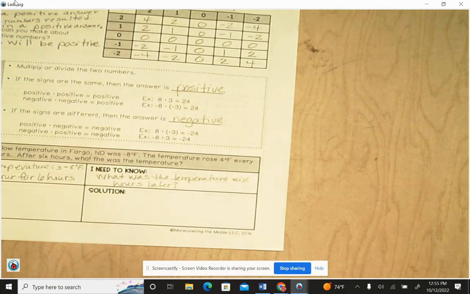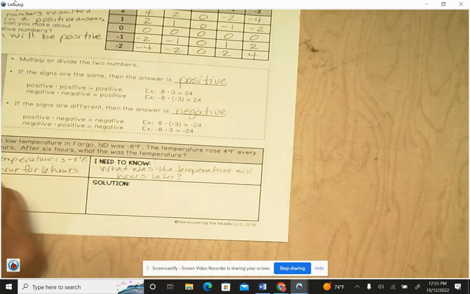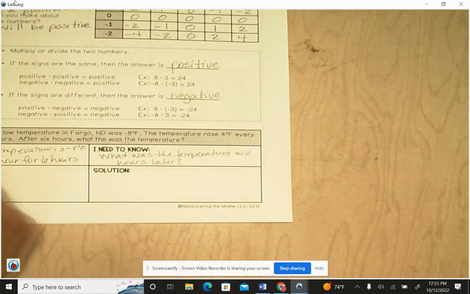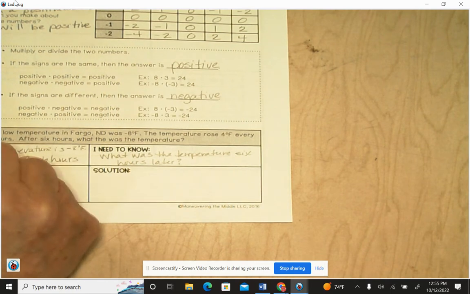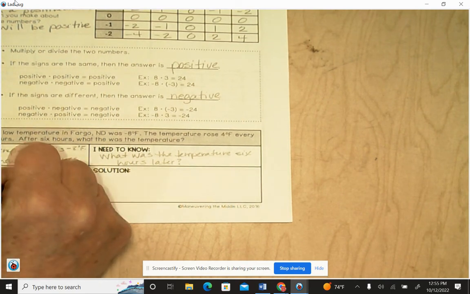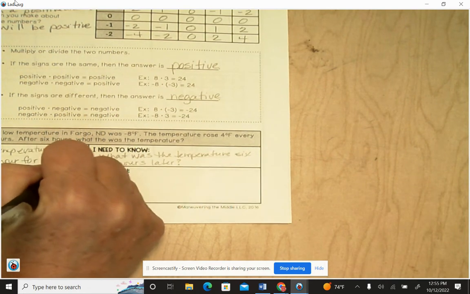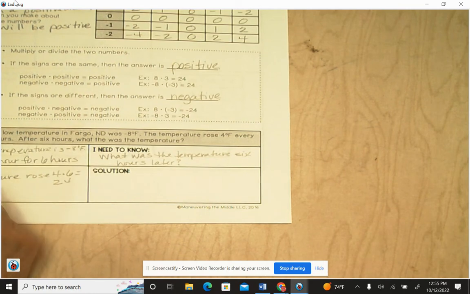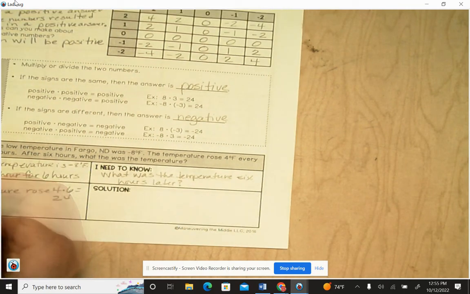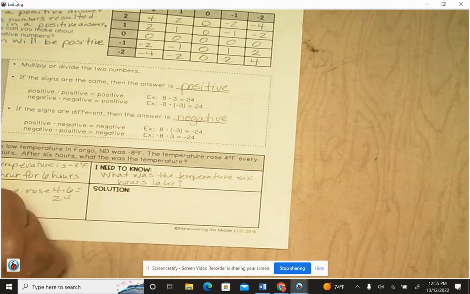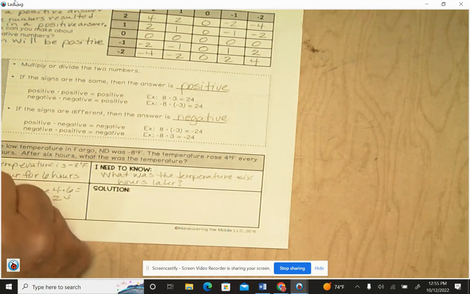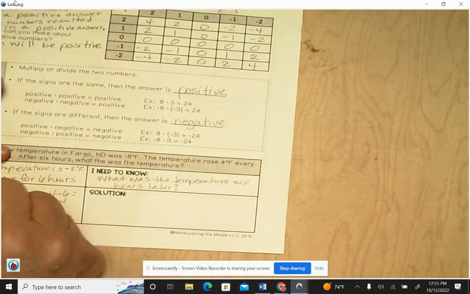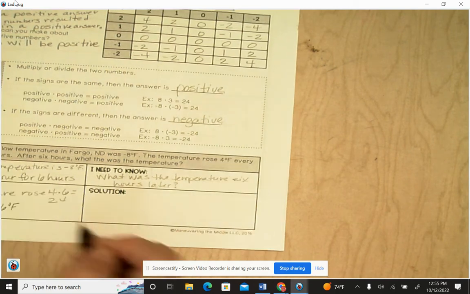All right. The temperature rose 4 degrees every hour for 6 hours, so that gives us 24 degrees. And then we have -8 plus 24 degrees, which equals 16 degrees Fahrenheit.